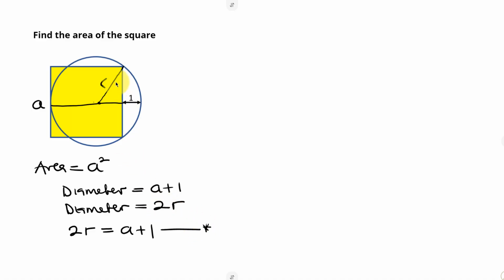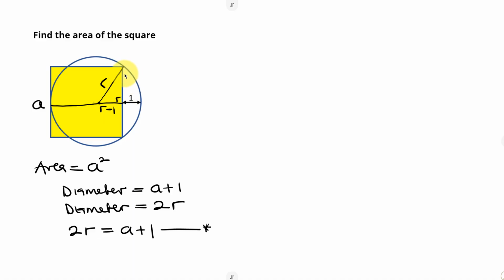Now notice that we have a right-angled triangle here. So let me put a right angle here. Good. Now, what is the base of the right-angled triangle? To get the base, we know that from here to the circumference of the circle is the radius. Now when I subtract 1, then I get the base. So that means the radius minus 1 gives the base. Now what about the height of the right-angled triangle?